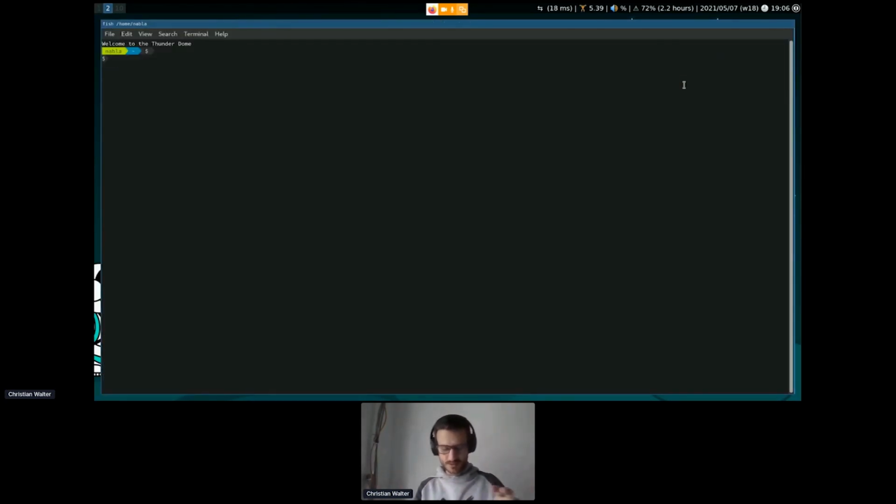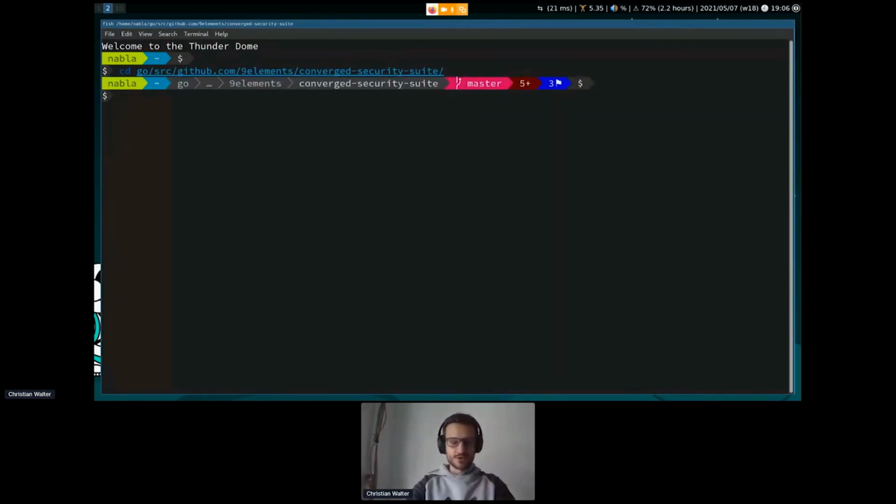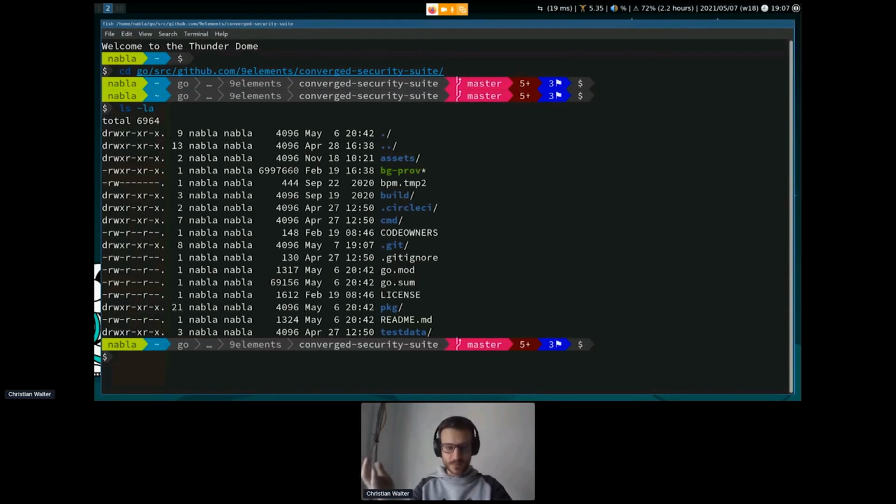I hope you can see my shell. I'll make it a little bit bigger. So that's the Converged Security Suite. Everything is Go basically, so that's good.